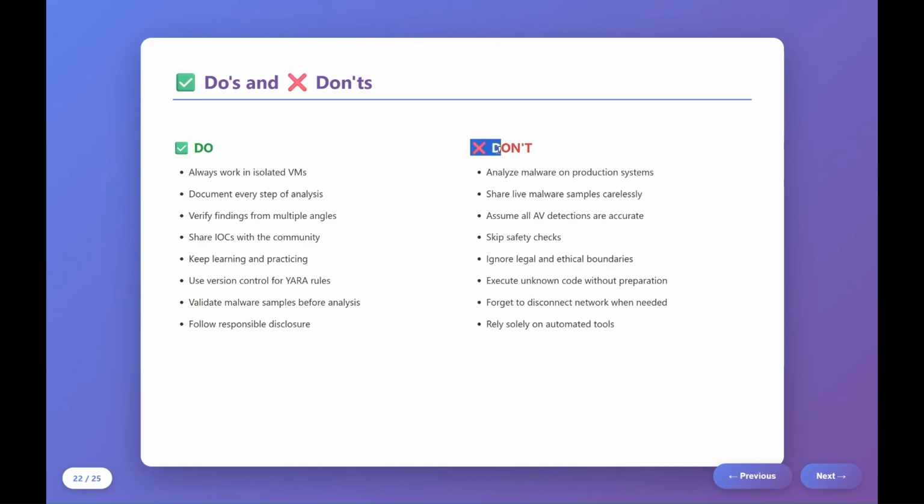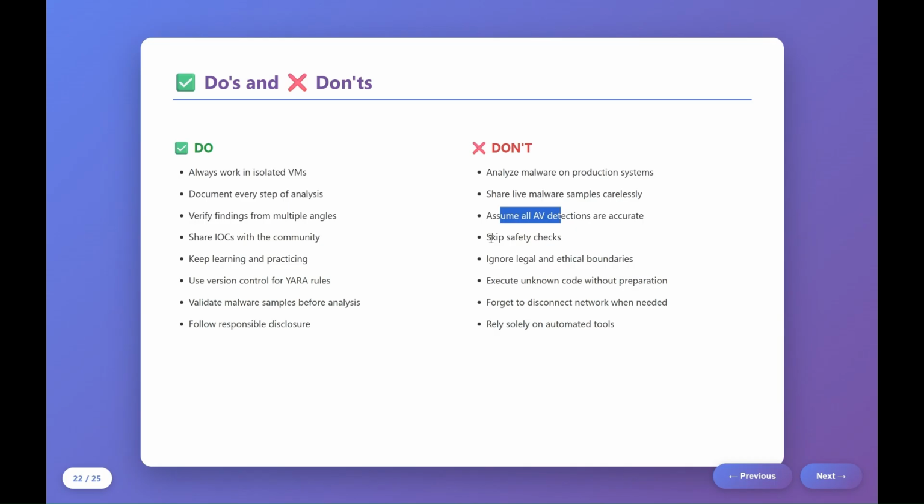And what are the don'ts? Never analyze malware on a production machine or host, and don't share live samples without proper packaging or warning. Don't trust AV detections blindly. Treat them as initial hints, and don't skip safety checks like snapshot creation or network isolation.